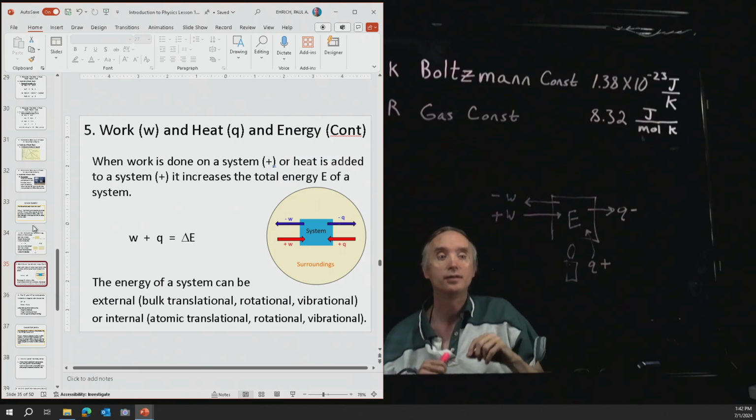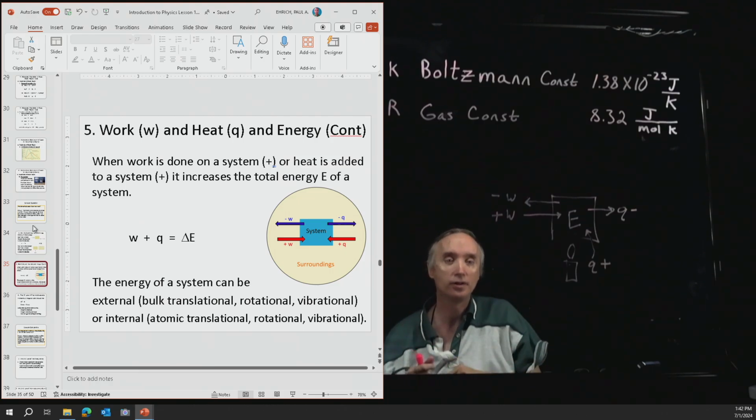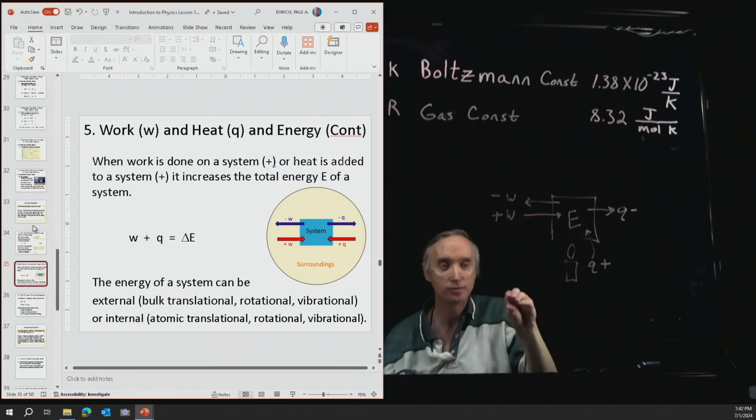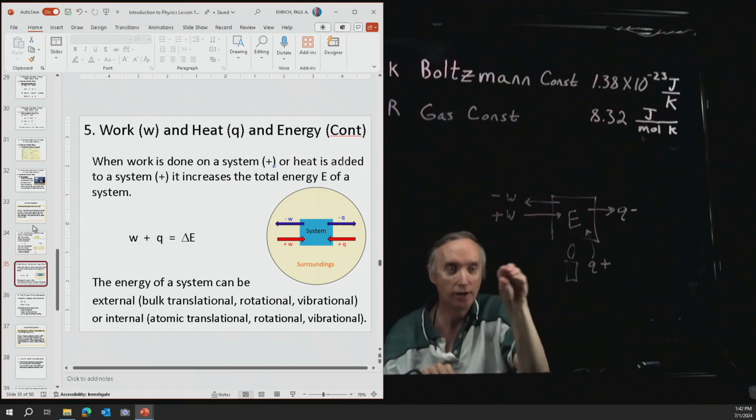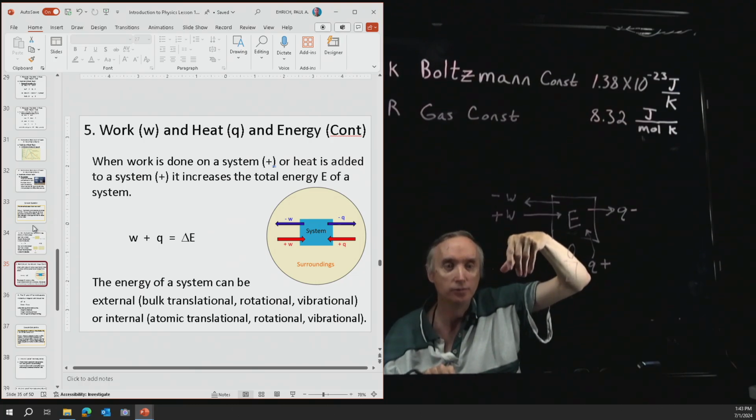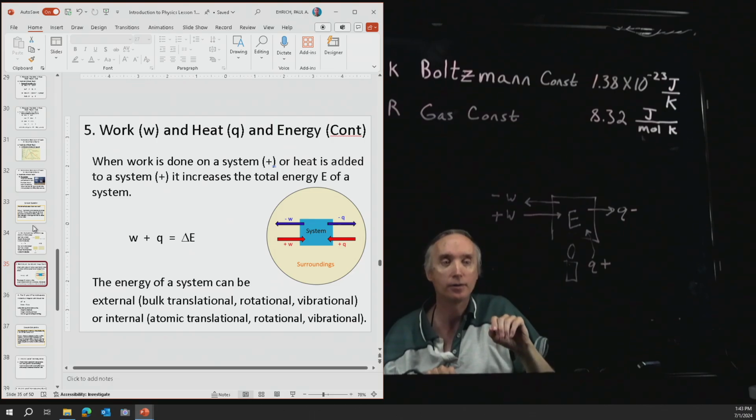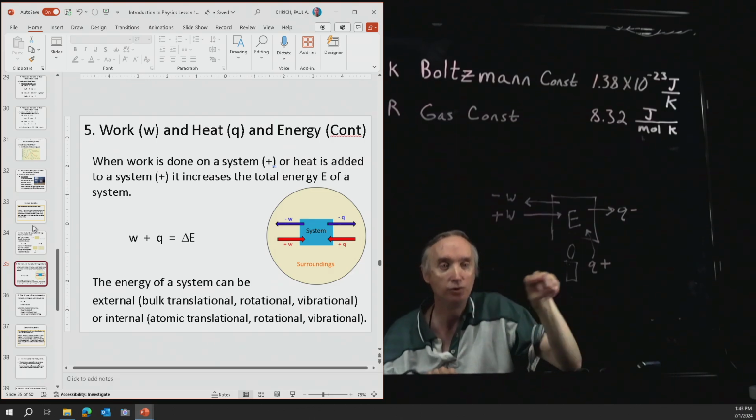Its internal energy could be atoms that are vibrating, or atoms that are rotating, or atoms that are moving around in there.